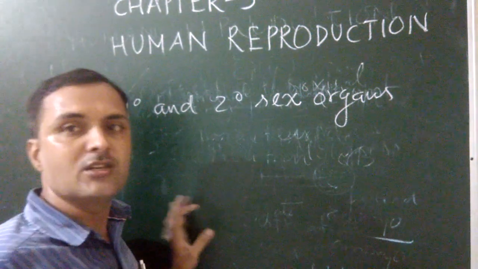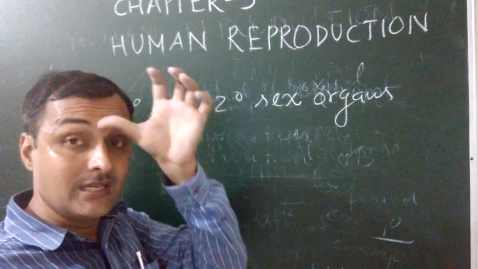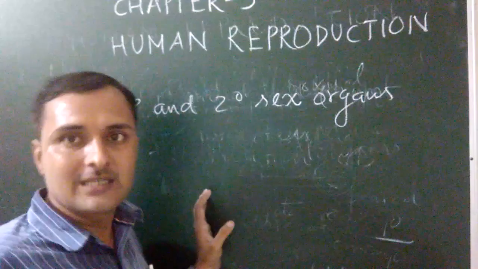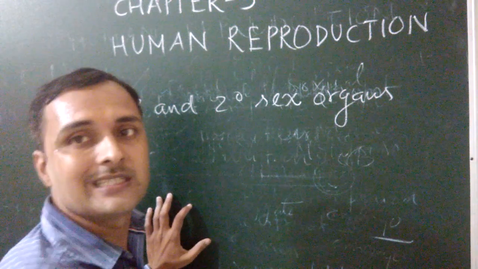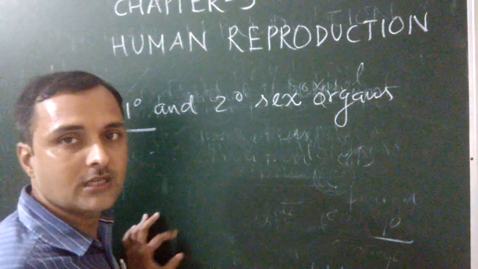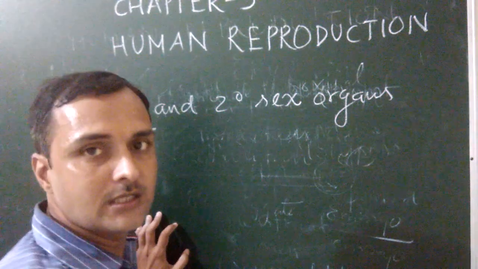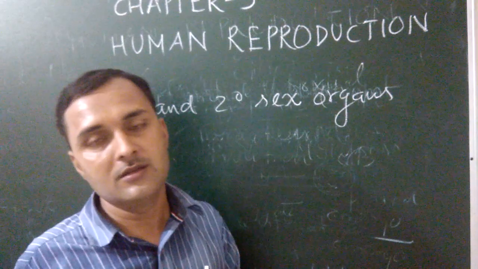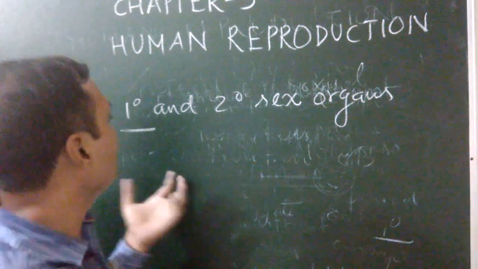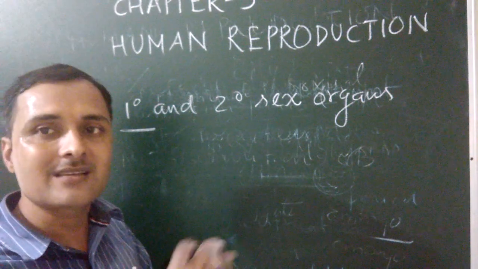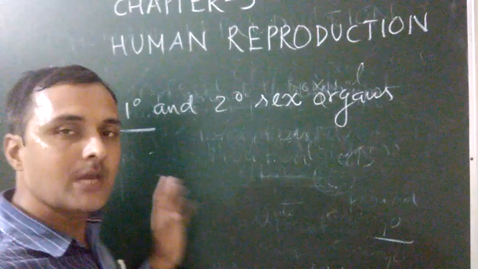The organs in humans that produce gametes and also secrete the sex hormones are known as primary sex organs. Once again, what do you mean by primary sex organs? The various organs in the human body which help in the development of gametes and secrete the sex hormones are known as primary sex organs.